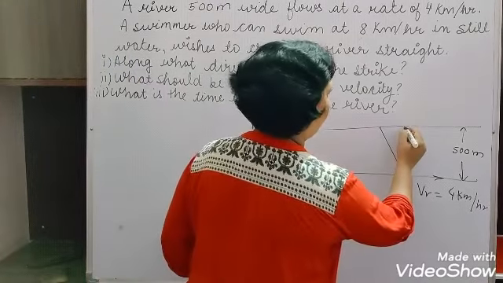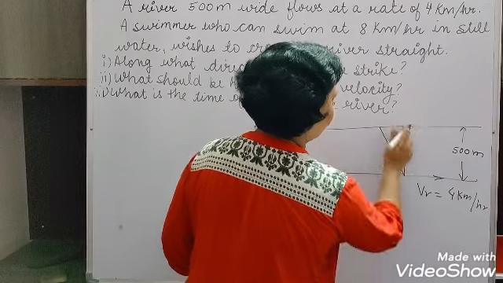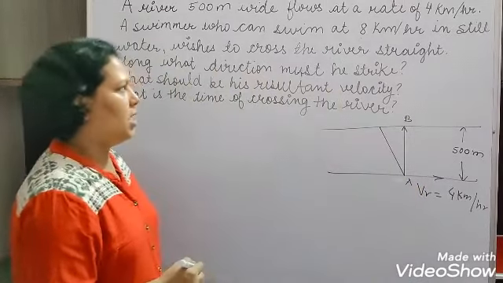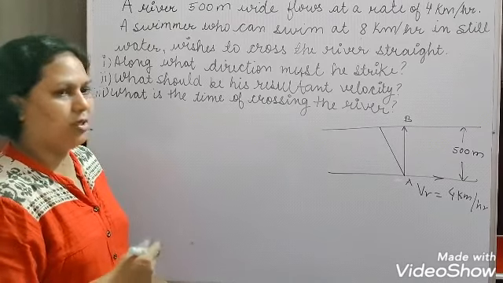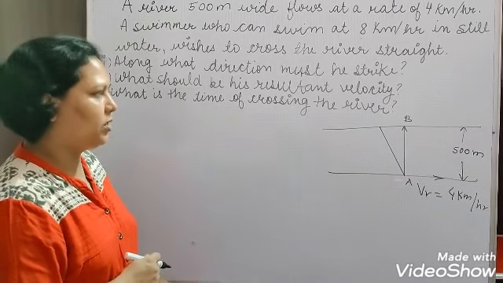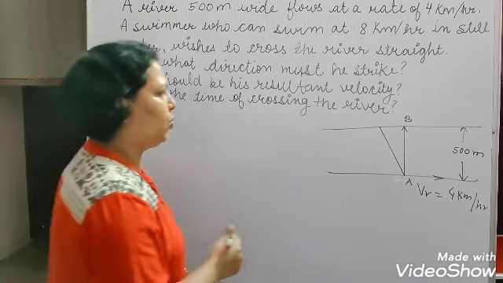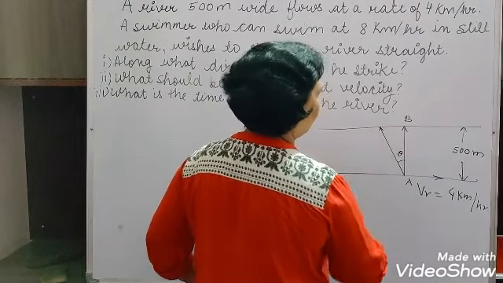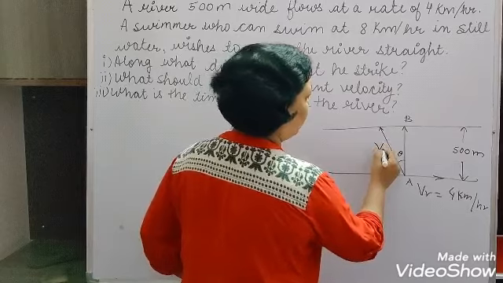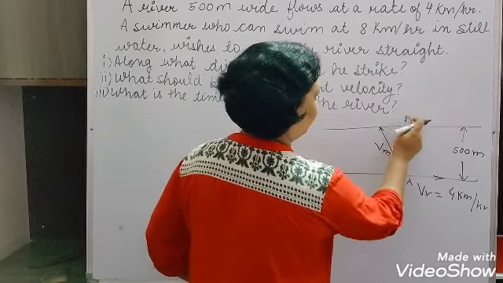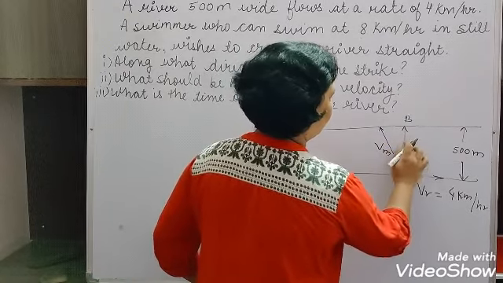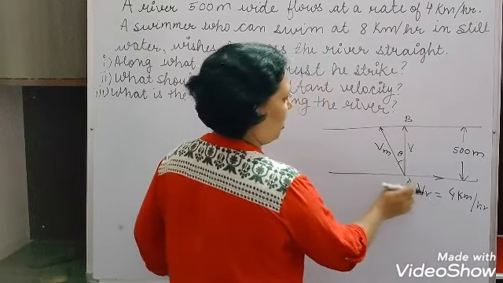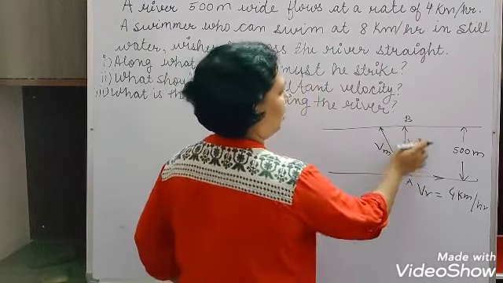That means the swimmer actually wants to go on this path, you can say AB. If the swimmer wants to take the shortest path, in such a situation the swimmer has to move in this direction by making an angle theta here, so that the resultant of these two vectors, Vm and VR, will be in the direction AB.